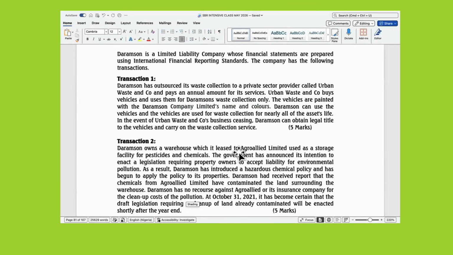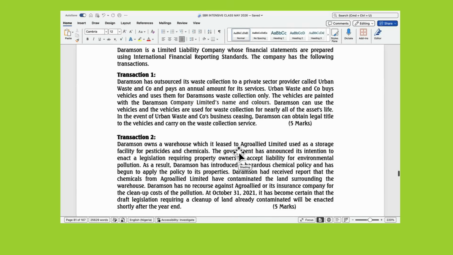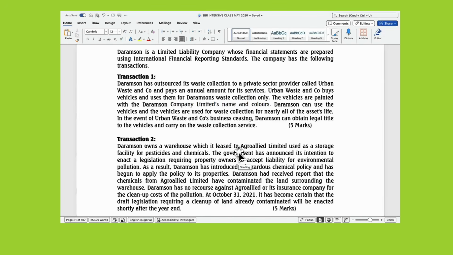Daramsin has received reports that the chemicals from Agro-Allied Limited have contaminated the land surrounding the warehouse. Daramsin has no recourse against Agro-Allied or its insurance companies for the cleanup costs of the pollution. At October 31st, 2021, it has become certain that the draft legislation requiring a cleanup of land already contaminated will be enacted shortly after the year end, another 5 months.